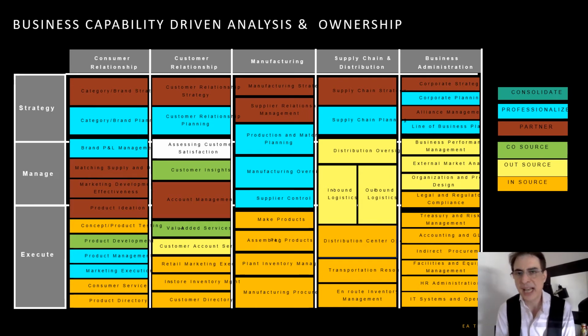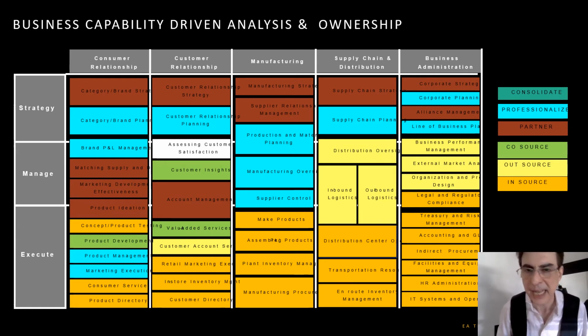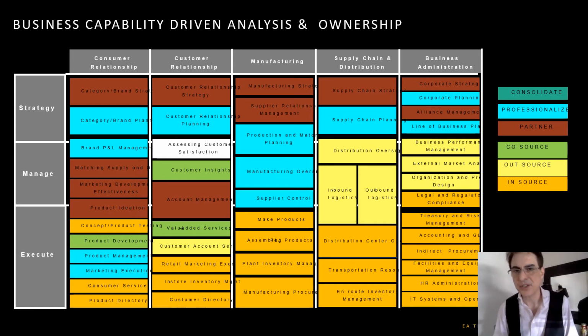It gives us an excellent means for doing heat mapping through different lenses, as I've mentioned. So this is one where we, for example, look at every capability. We can ask a number of different questions, such as, is this a critical capability for me? Am I lagging? Are my competitors better? Do I want to highlight this one as a very important capability?